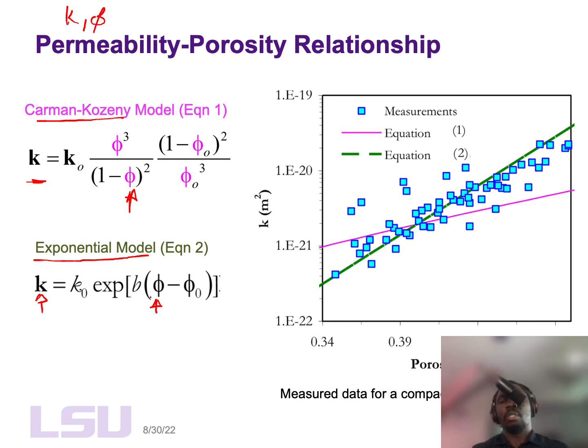And both equation 1 and equation 2 are fitted through these data points, and it appears the exponential model, which is equation 2, more adequately fits these data sets from a specific sand, or I should say for a specific reservoir. So the best model could vary depending on the actual source of the data.